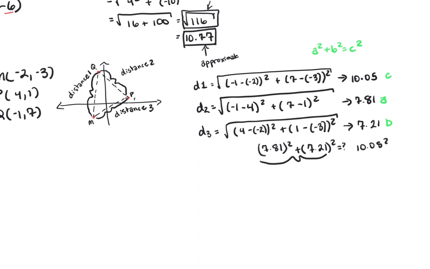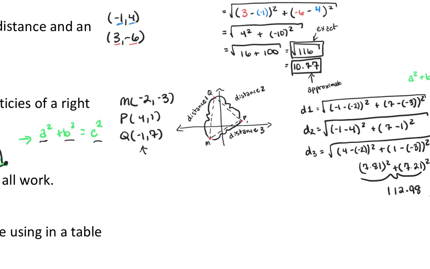So I'm going to do this left side, and then I'll do the right side, and we'll see if they are equal to each other. So on this left side, I got 112.98. Does that equal 10.05 squared? It does not. So what that means is that these 3 points do not form a right triangle.